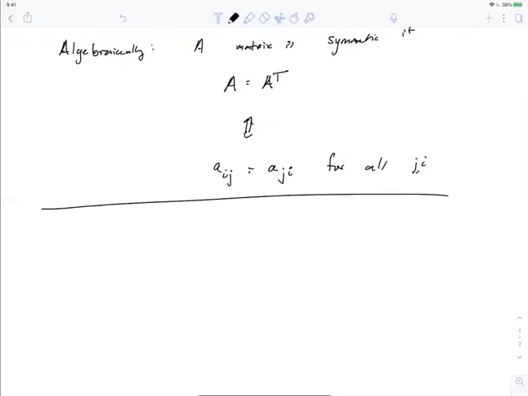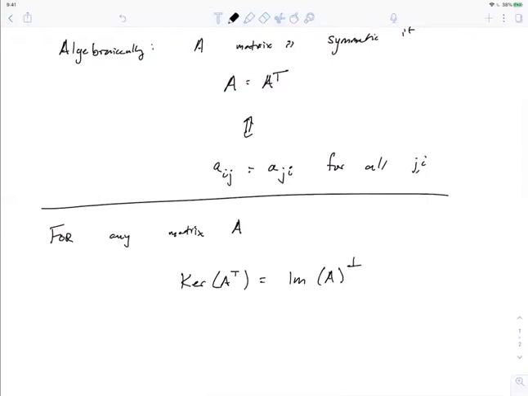And actually, this is true for any matrix, not just symmetric matrices, but the consequence comes down a lot to symmetric matrices. So for any matrix A, which doesn't have to be symmetric, we have that the kernel of A transpose is equal to the image of A perpendicular.